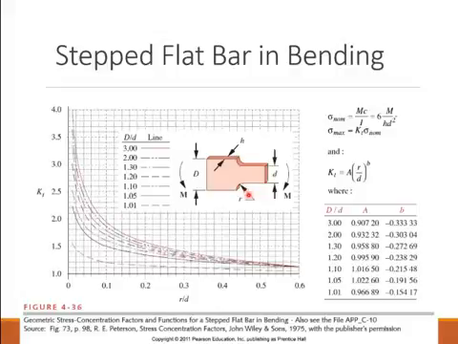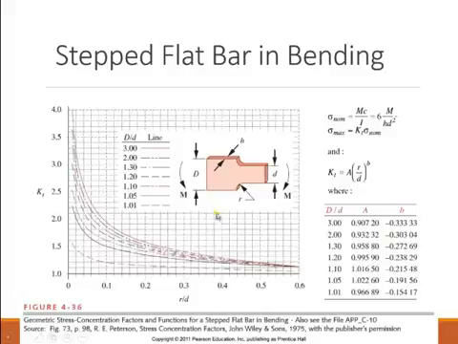R is the radius of the fillet. That makes sense. D is the smaller diameter. I can see why we would need to use that. And then this value A and B are both going to be determined by the ratio of capital D to lowercase d. So there are a lot of things that play into the stress concentrator that are all part of the geometry aspect of it.